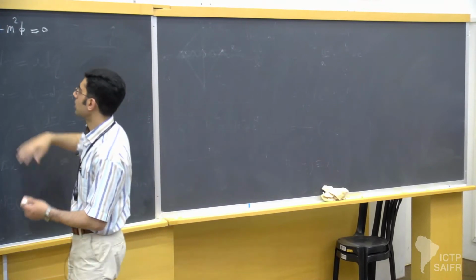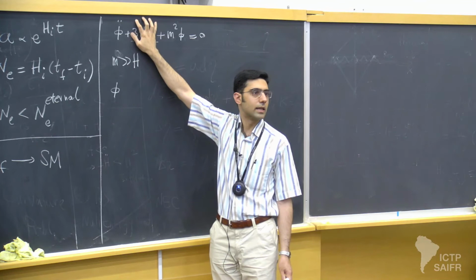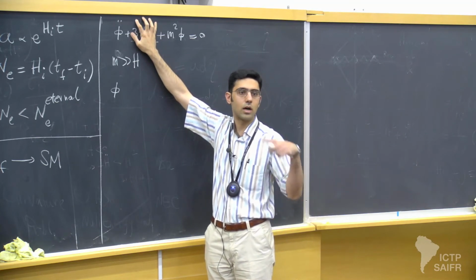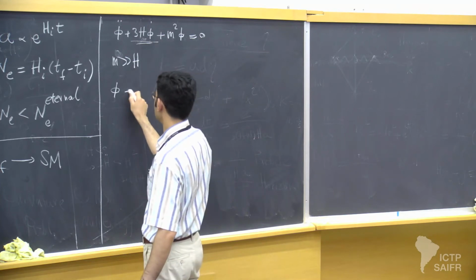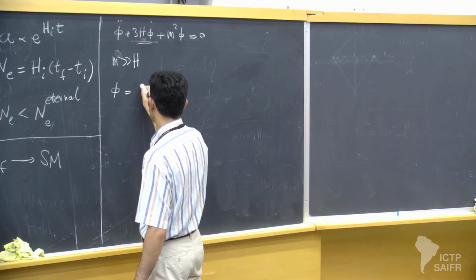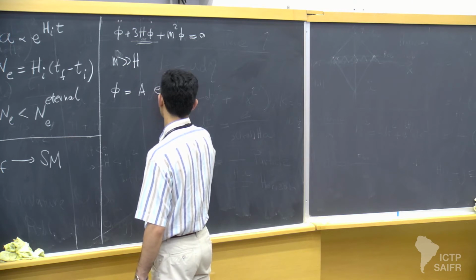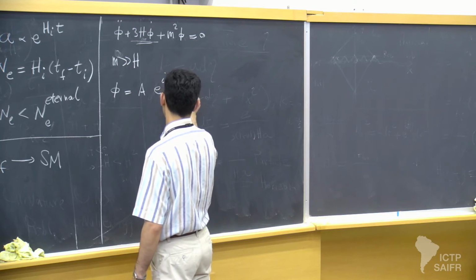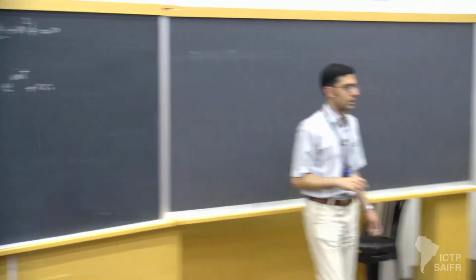So how does it look? If this term wasn't there, I would just get an oscillating solution. This is just a harmonic oscillator. I would just get, say, A times e to the i m t plus its complex conjugate, because phi is a real field.